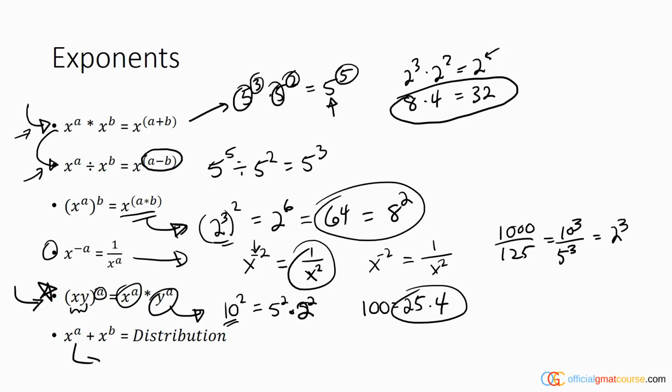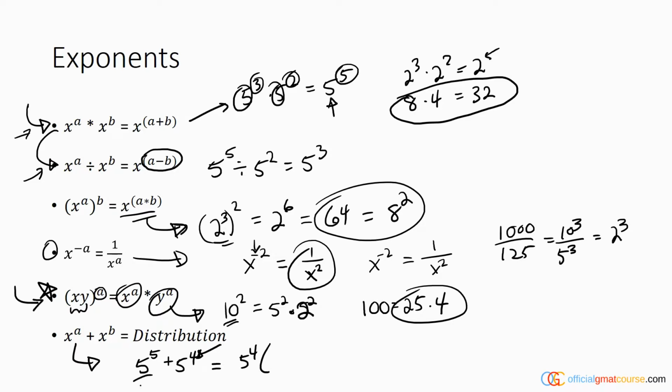So final situation to think about is distribution. If I have something like 5 to the fifth plus 5 to the fourth, the only thing we can do here mathematically is to distribute. You're always going to want to take out the lesser of the two exponents. Even if they're negative numbers, you're going to want to take out the more negative of the two. And here we're going to take out the 4, so we're going to take out 5 to the 4.